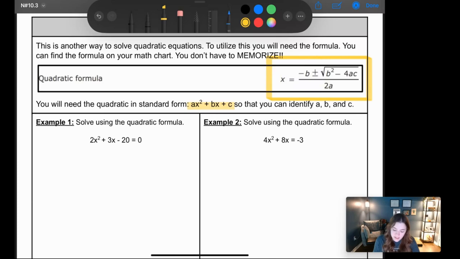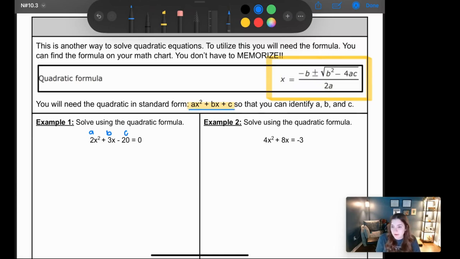So when you see each of those, you should be able to say, okay, this is in standard form, so I know that this is my A, this is my B, and this is my C because it follows this standard form right here.